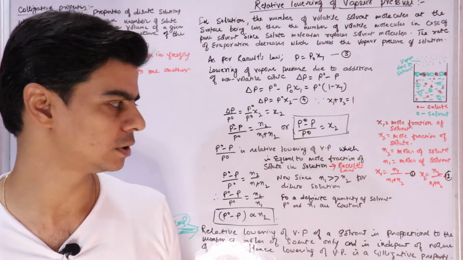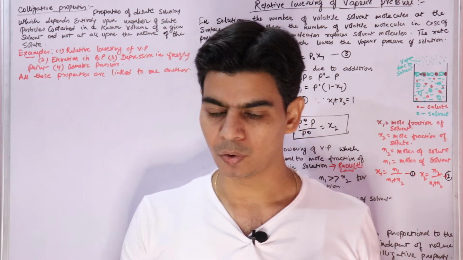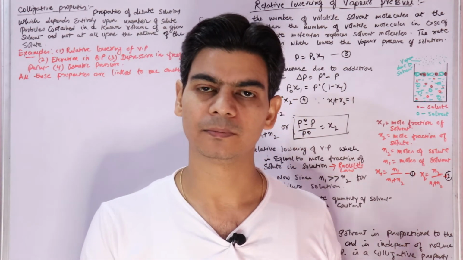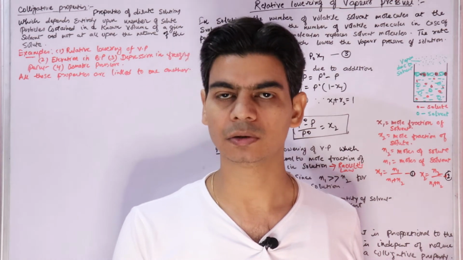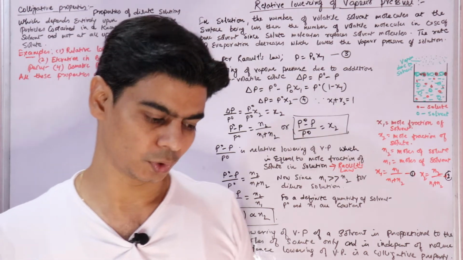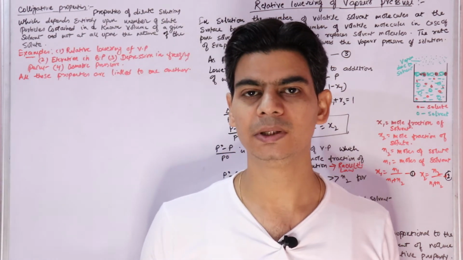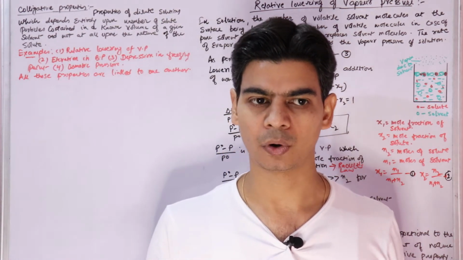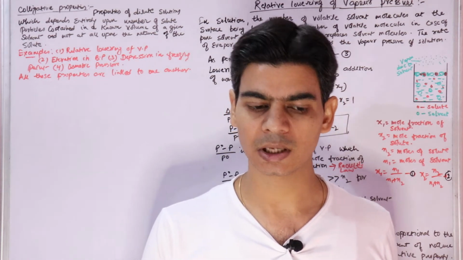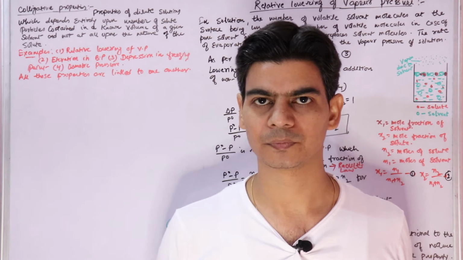We'll do it in a future lecture. These properties vary based on the number of solute particles. Colligative means linked together, so all these colligative properties are linked to one another.